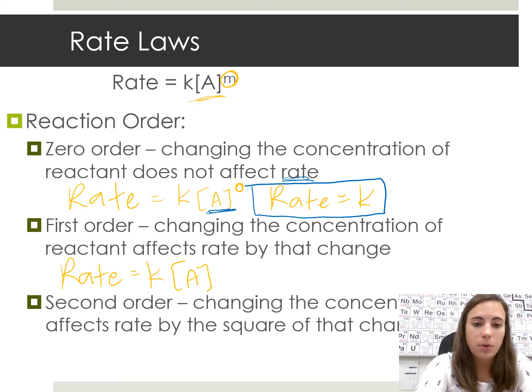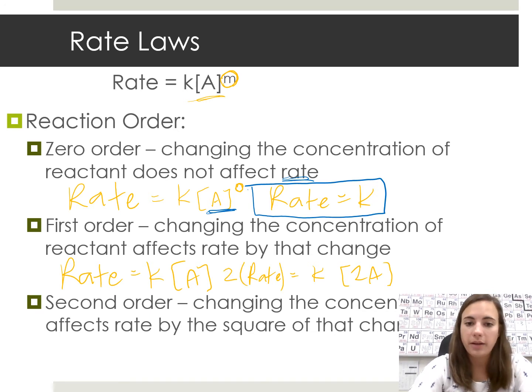So for example, if I double the concentration, I'm going to double the rate. That's first order. Whatever I do to the concentration, I do the exact same thing to the rate. If I triple the concentration, I would triple the rate, so on and so forth.